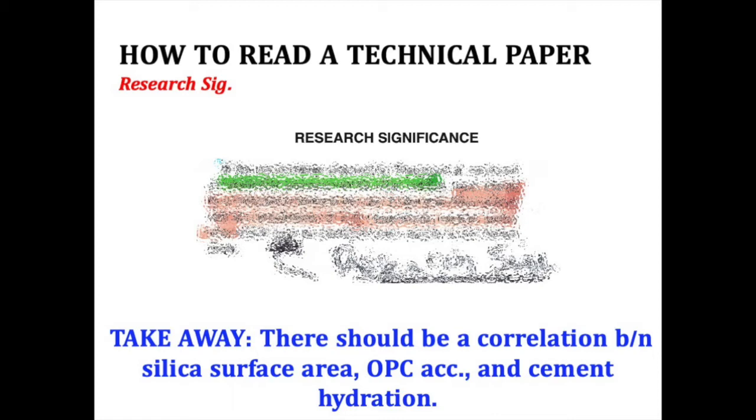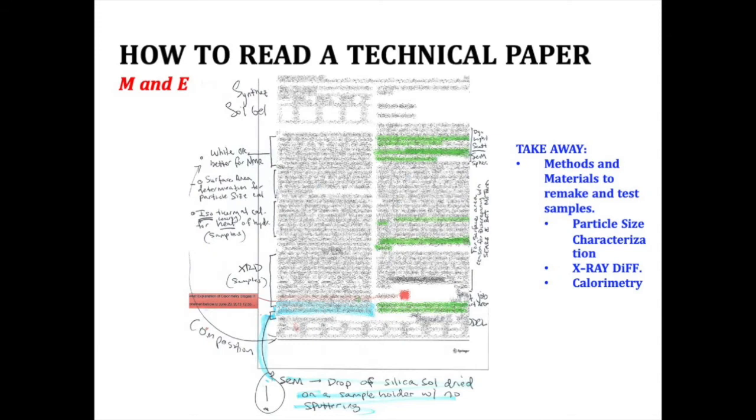All right, next slide. Okay, so we go from research significance to the methods and materials and experimental methods, and I really like this. The big takeaway is that they do a great job of giving you not only the methods and the materials, to include the chemistry, the amounts, the weights, the percentages, so you can recreate these test samples and these tests.